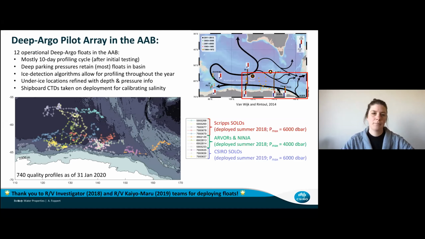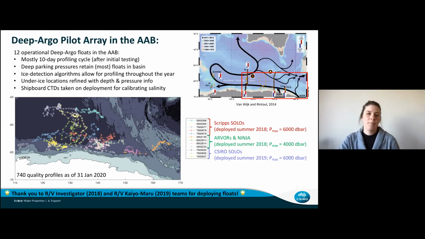They park pretty deep, generally deeper than 3,000 meters, with slight differences depending on how the people piloting want to do it. And so that allows most of the floats to have remained in the basin, aside from that one orange triangle Arvor float that went on its own adventure off to the east.